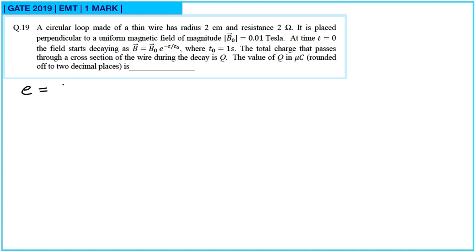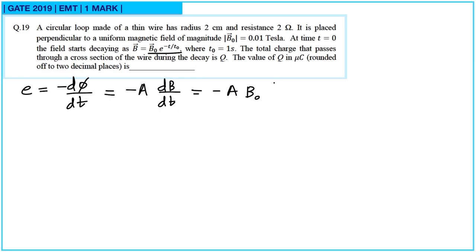Now induced EMF is equal to minus d phi by dt, which is equal to minus A dB by dt. Here it is given that B is equal to B naught e raised to minus t by t naught. So this will be minus A, and here we have B naught.